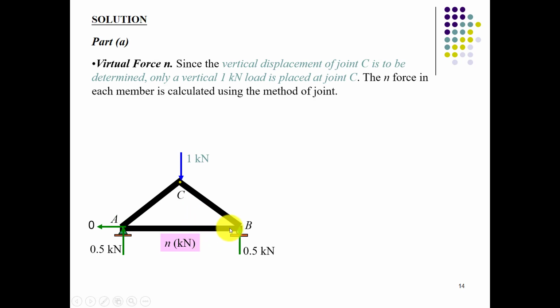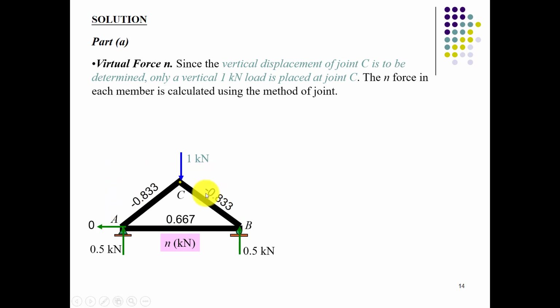So by the method of joints and sections, you will calculate the response of each bar element. You can take joint A, then joint B, then you can apply sigma Fy equals 0, sigma Fx equals 0. Then you can have the values of these member forces.